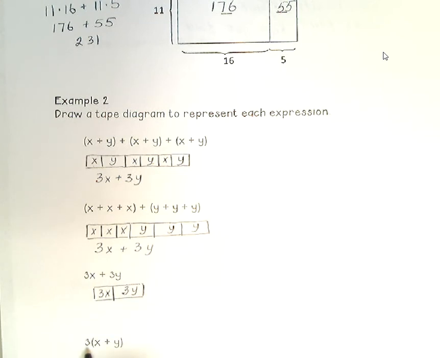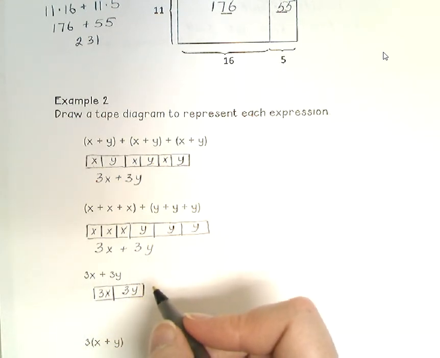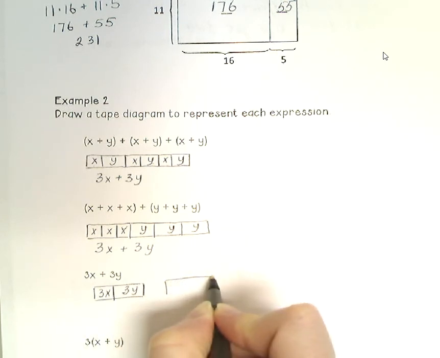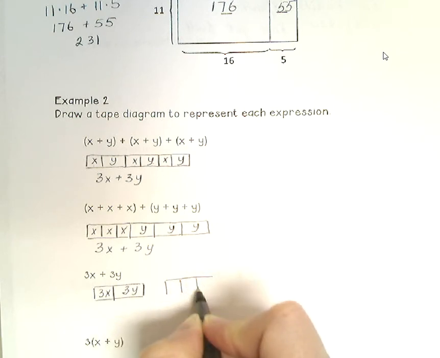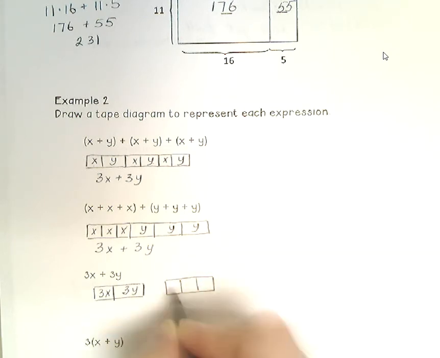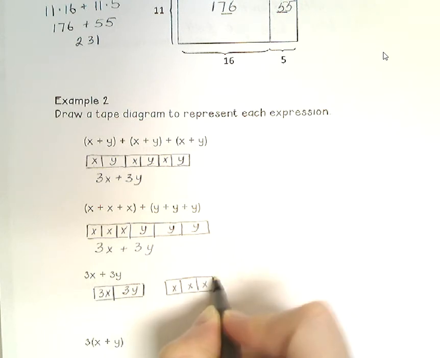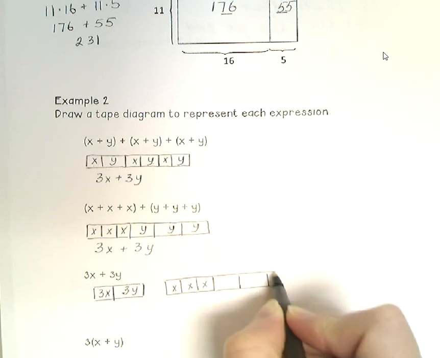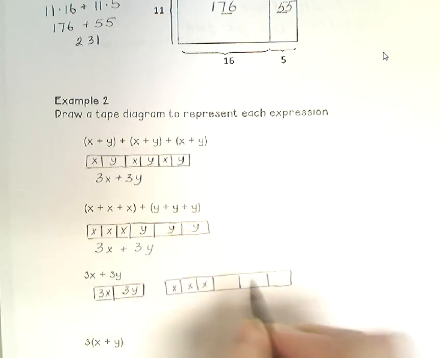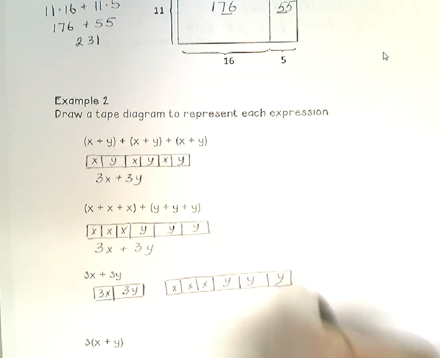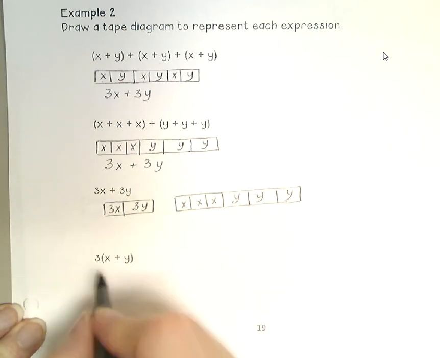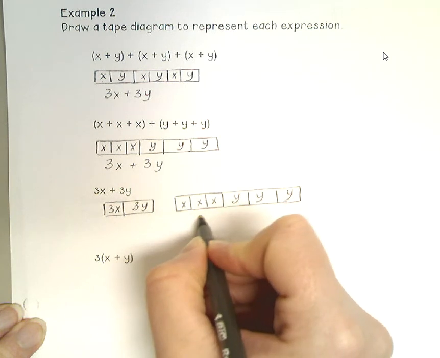And if I take, or I can do it this way, 3x plus 3y. Initially, it looks exactly the same as this diagram right here. Okay, and here I have my last one, 3 groups of x plus y, and let's see if that makes sense as well.